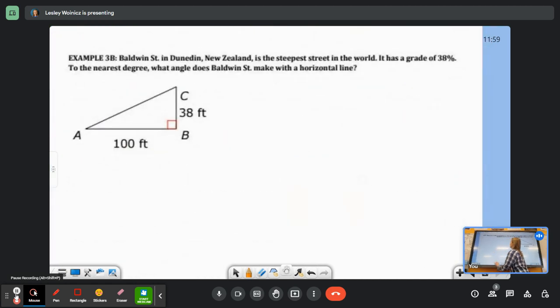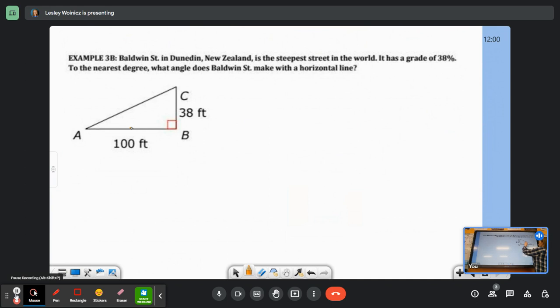All right, let's look at this one. Baldwin Street in Dunedin, New Zealand is the steepest street in the world. It has a grade of 38%. To the nearest degree, what angle does Baldwin Street make with the horizontal line? Okay, so here's our horizontal line.